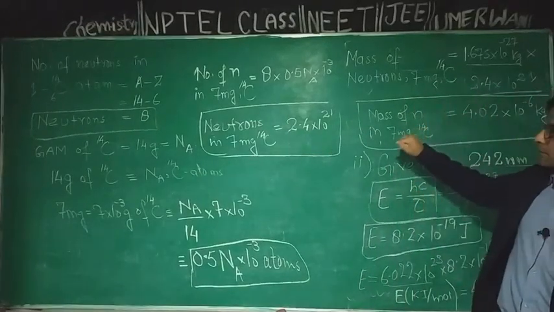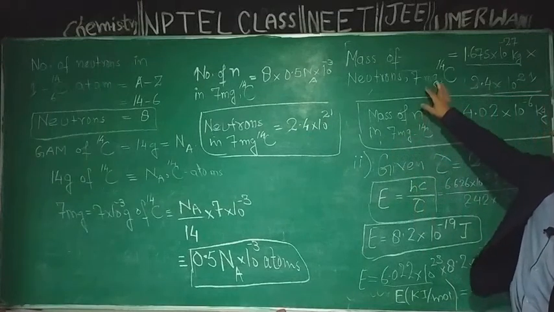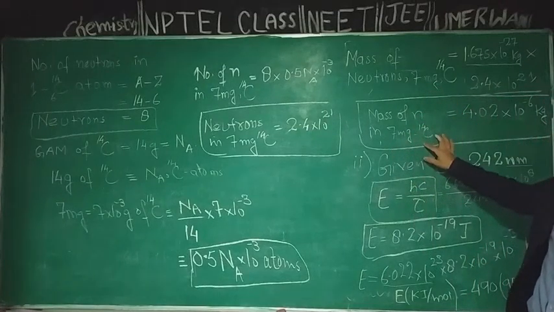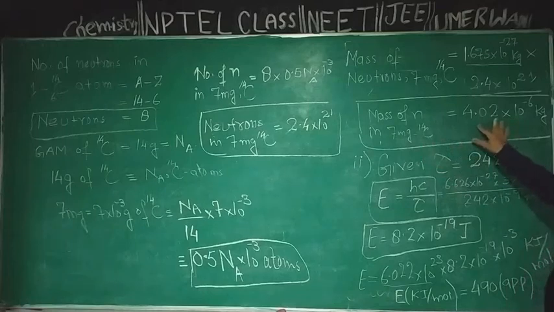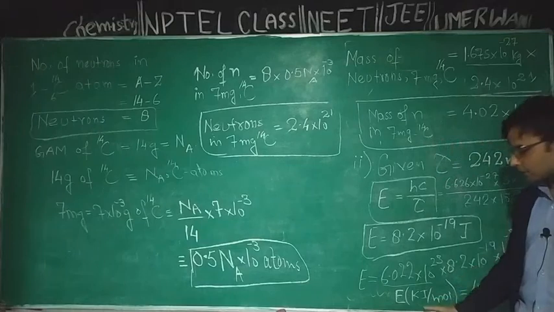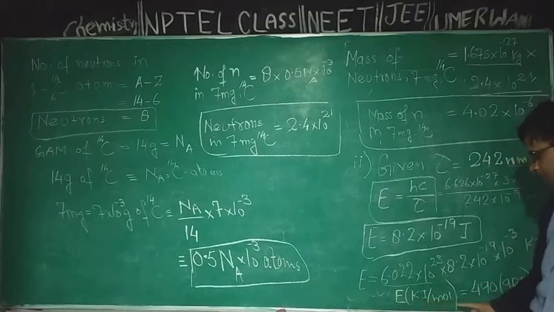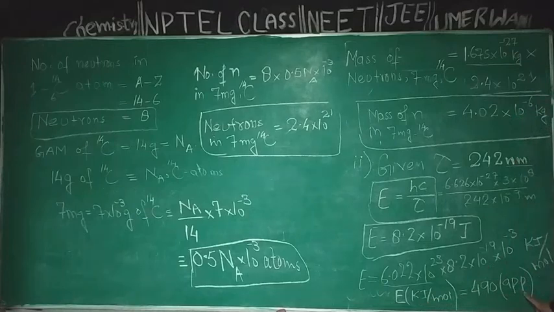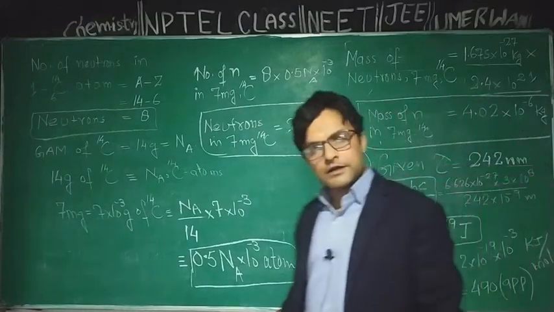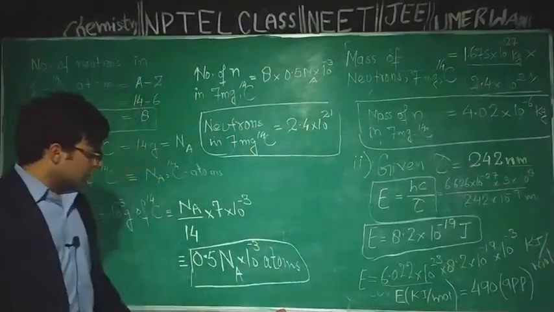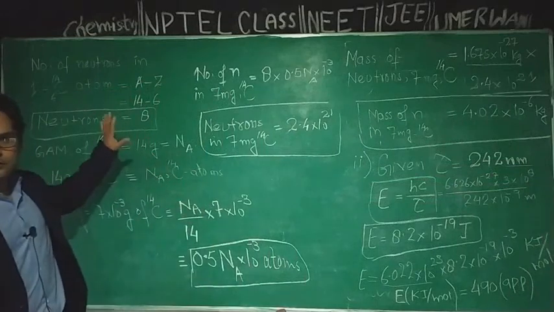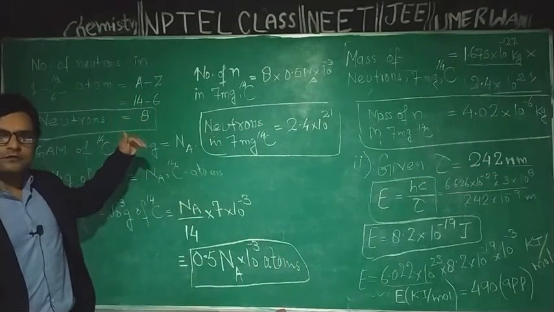Mass of neutrons present in 7 mg of carbon 14 is 4.02 into 10 raised to power minus 6 kg, and ionization energy of sodium in kilojoule per mole is 490 kilojoules per mole.